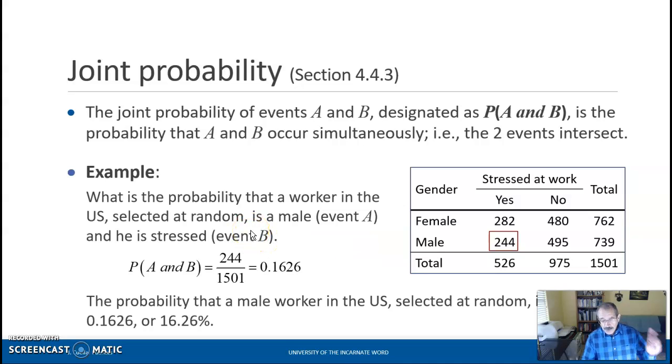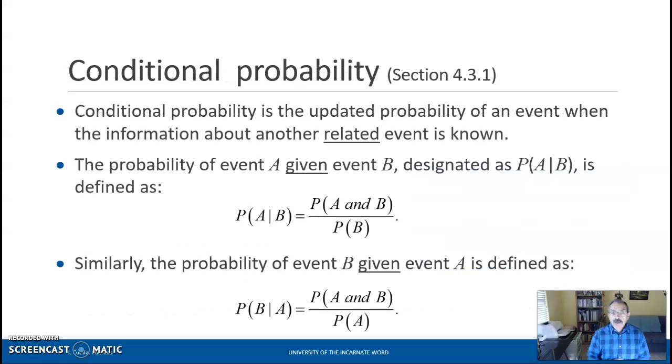All right, so we looked at marginal probabilities and joint probabilities. I don't think this surprises you given how we explained the components of a contingency table or a two-way classification table. All right, another very important concept of calculating probabilities is the conditional probability.